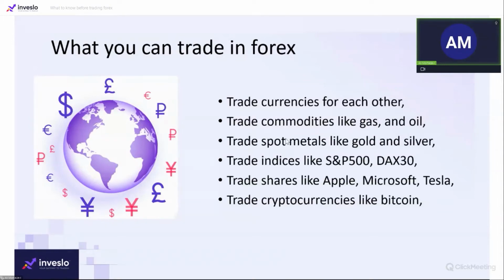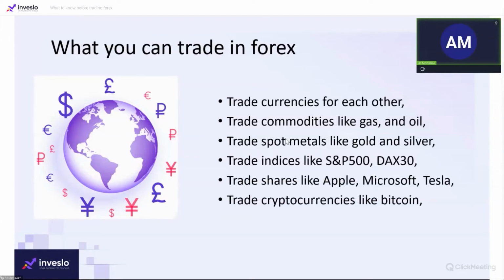Any other kind of the energy commodities or metals, like for example oil and gas, it's not possible for ordinary people to buy oil and keep it in their house or in the storage. They have to go to the regulated exchange, and they have to pass a lot of paperwork, and then they have to pay a minimum amount for, I guess, 1,000 barrels of oil.